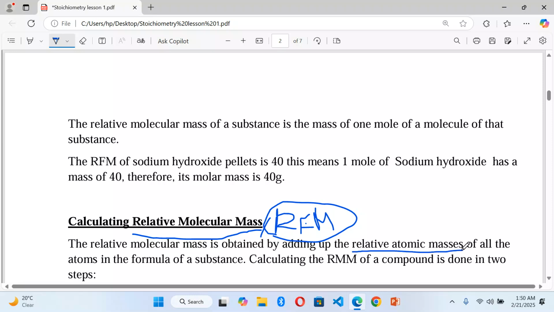The relative atomic mass we get from the periodic table. On the periodic table, we choose the molar mass of a given element, but we don't put the units. It doesn't have units. Why? Because it is a ratio.